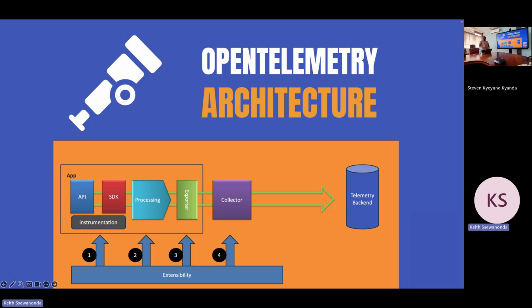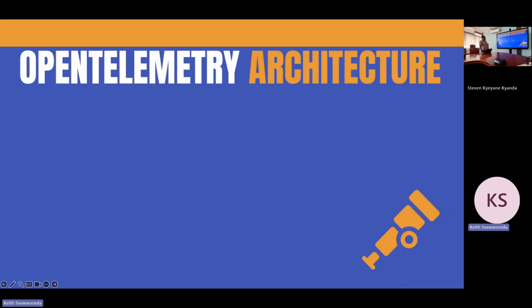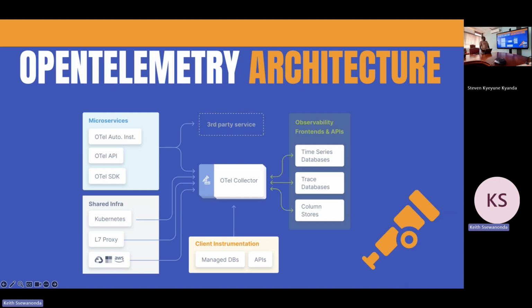So we have a collector for the telemetry that we've picked up. And then once it's there, we can again export it finally to whatever we want. Let's say it's a front-end observability dashboard or APIs for that matter, as we shall see later on. So once we've seen this, someone would say, how would it look like in real life? We can have something like this.